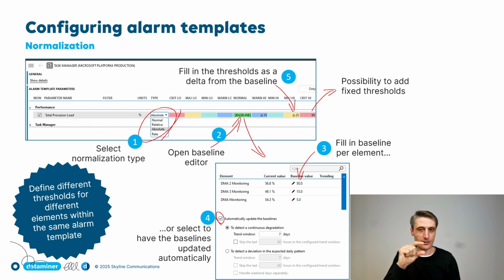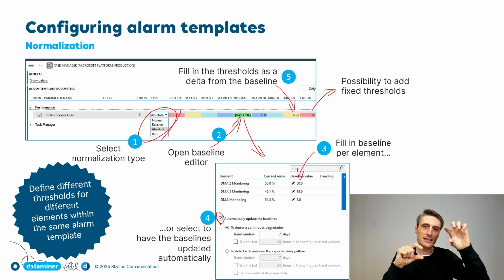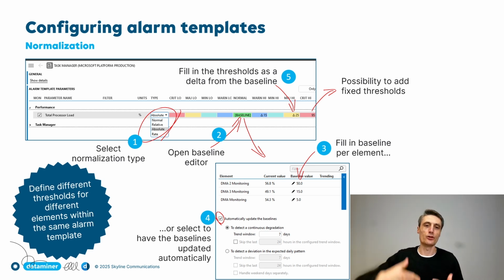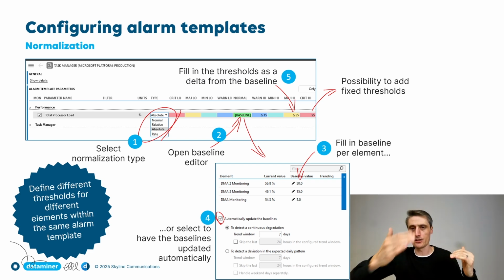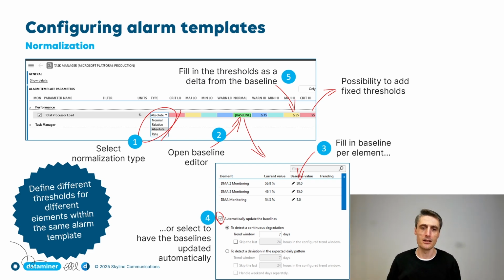Because then a subtle change during the night or during the day or in the middle of the day will also be picked up, and you don't have to have very wide thresholds to capture the whole kind of sinus curves in that trending or in that parameter. Normalization, a very powerful feature there.